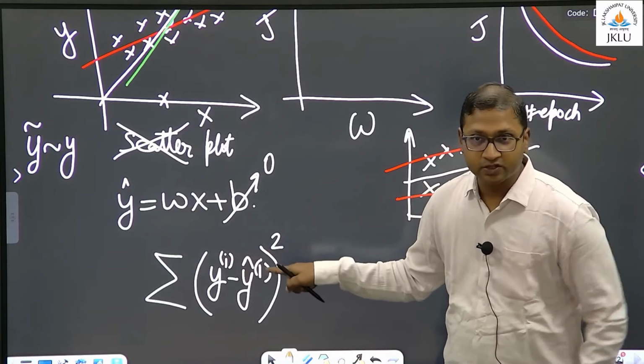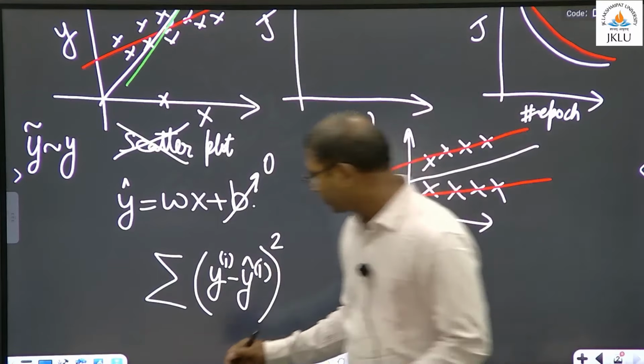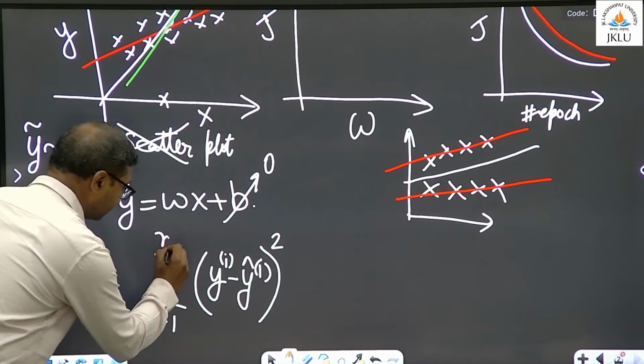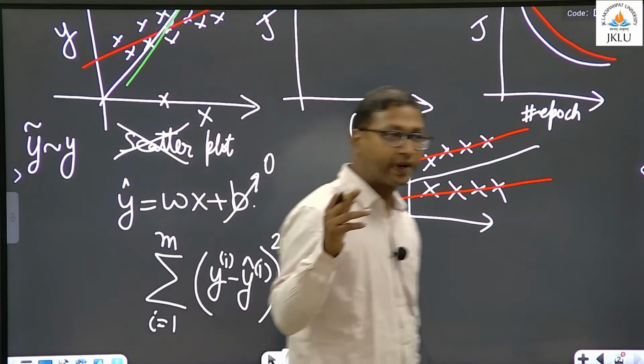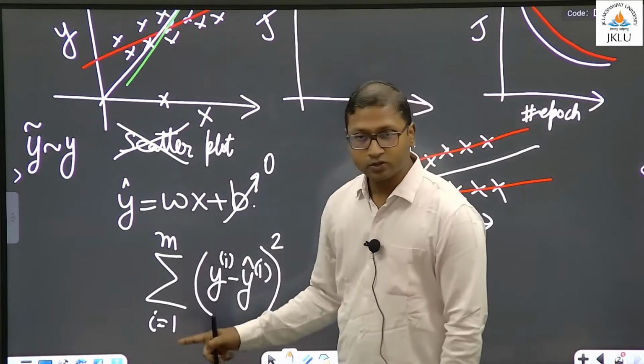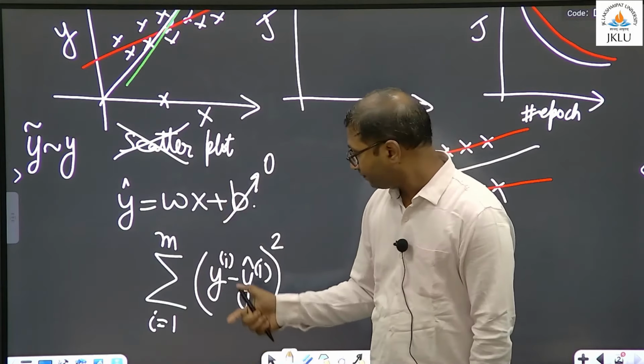This variable here is for all my examples. So I go from i equal to 1 to m. Okay, m is my total number of examples. So write all these variables later.